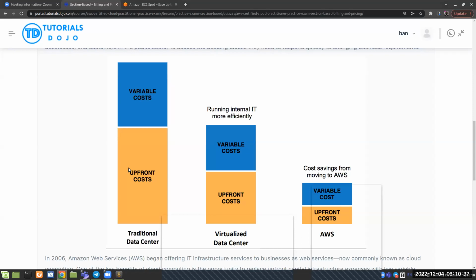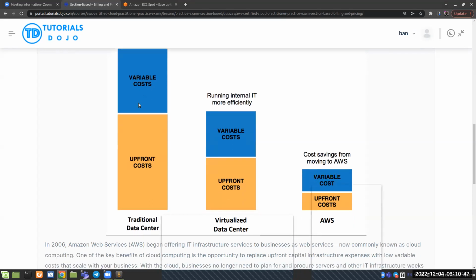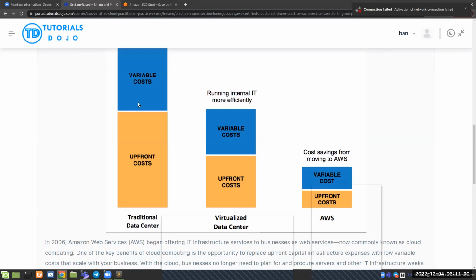You have to buy the resources upfront before you can use them. And then you have variable costs. The variable costs come from operations, because once you have the hardware, there's the cost of people who are going to manage it. So you also have high variable cost.